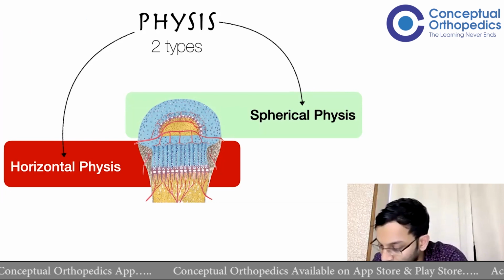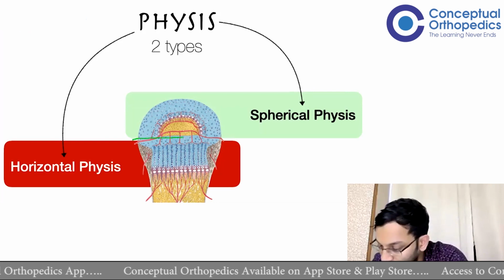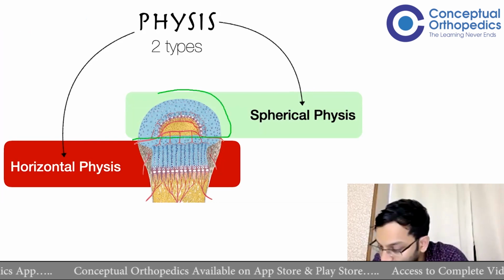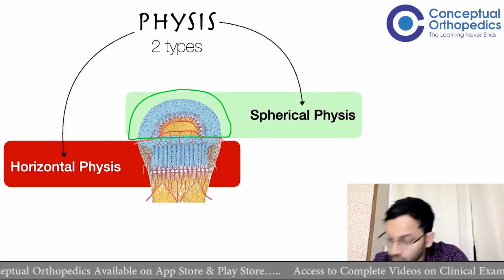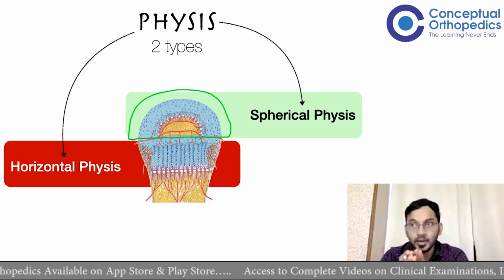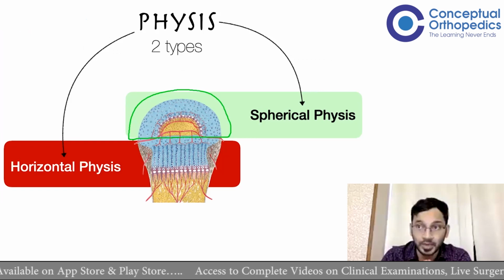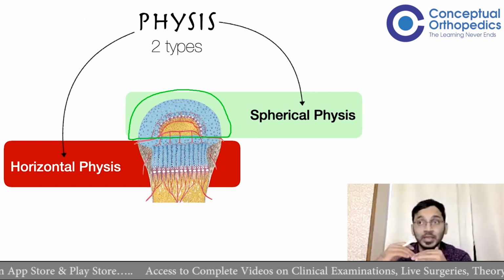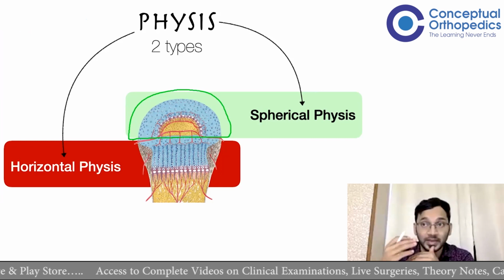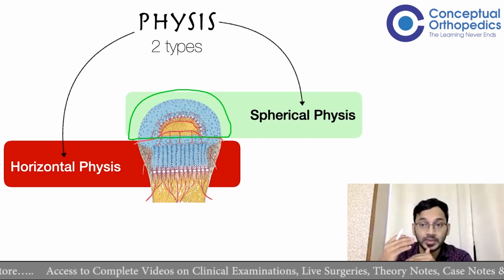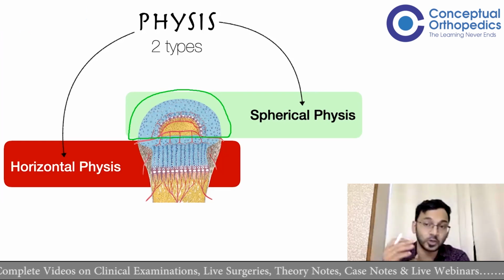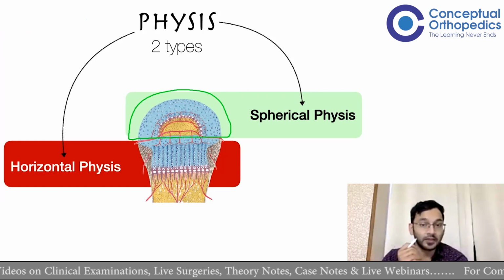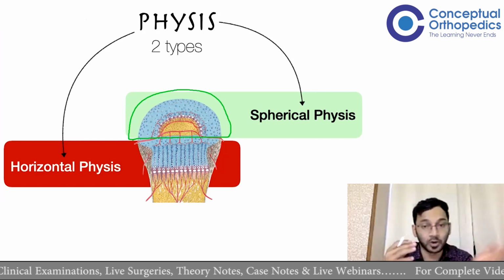So, to delineate, that is the region of the spherical physis. And the bone, generally, if you take a bony end, say of the distal femur or the proximal tibia, whatever you see above the physis, that is the epiphysis, grows with the help of a spherical physeal growth. Okay, it is less organized. There is very little we know about it compared to the horizontal physis.